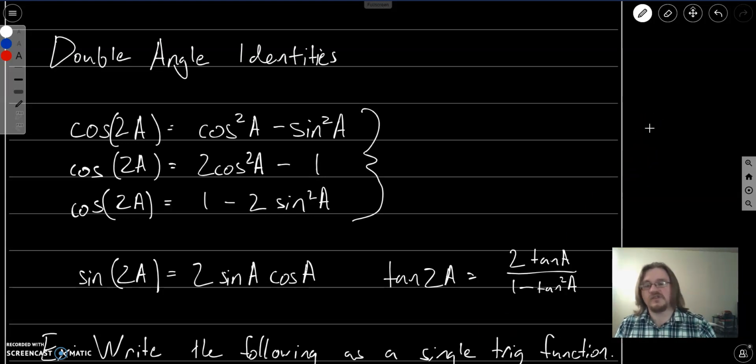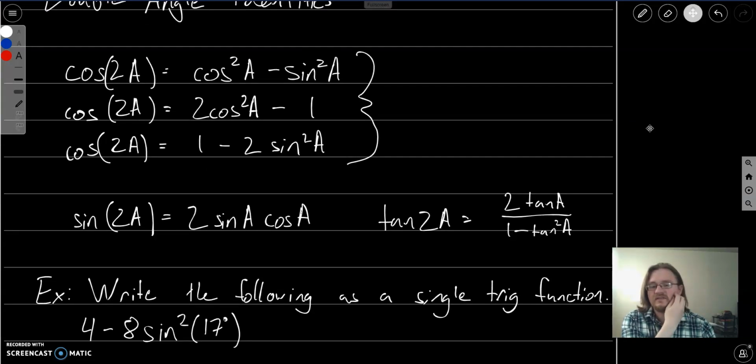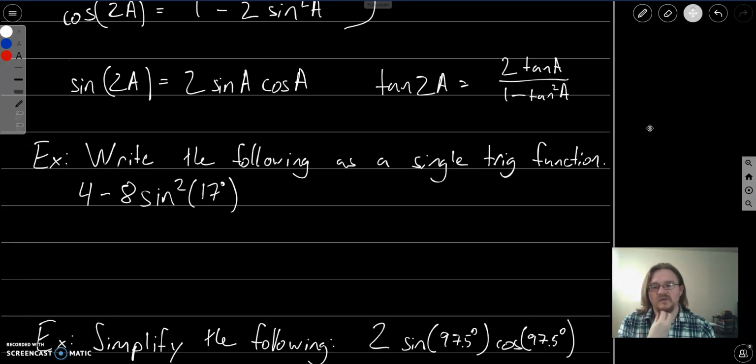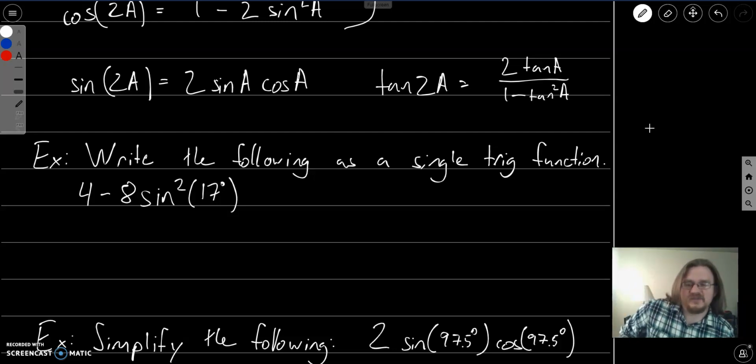Let's use a couple of these and see how this might work. So you just want to write the following as a single trig function. We've got 4 minus 8 sine squared 17 degrees. Okay, so this right now isn't just a single trig function. We've got something over there, something over here. It looks like a big mess. But we've got something minus something sine squared.